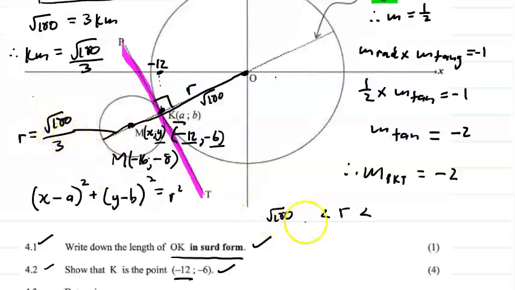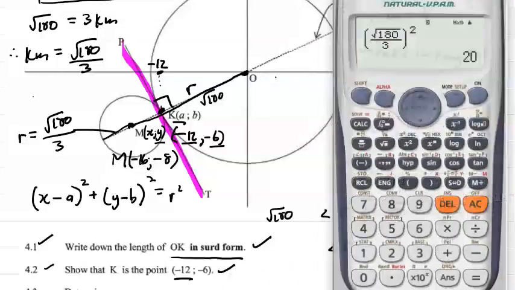So it'll be as follows. So it'll be square root of 180 plus the radius is root 180 over 3. So the solution will be as follows if we simplify it.